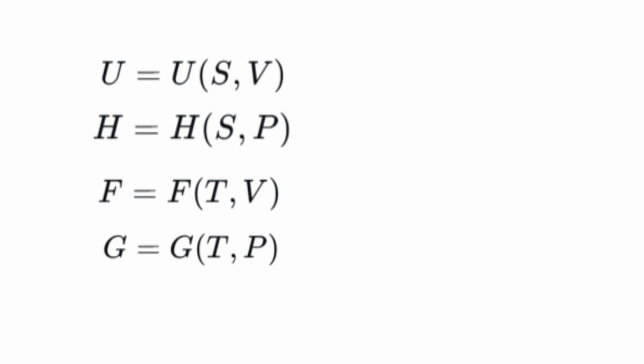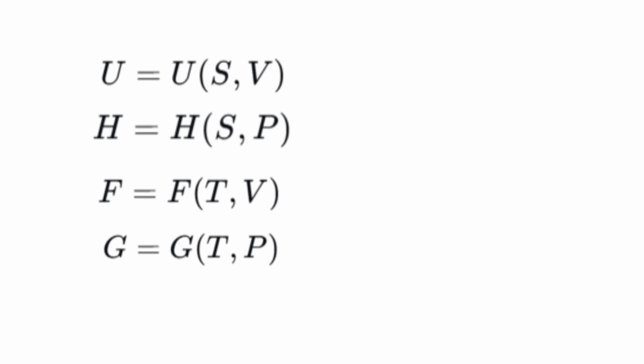But why do we need so many different functions? The answer lies in the variables that are easiest to control in an experiment. The natural variables for internal energy are entropy and volume.